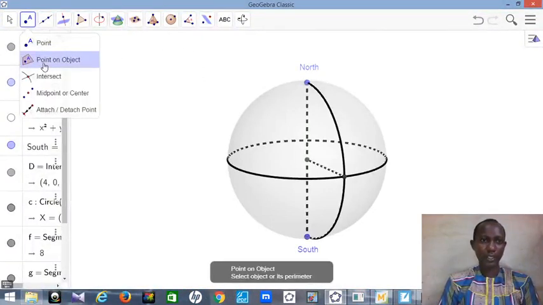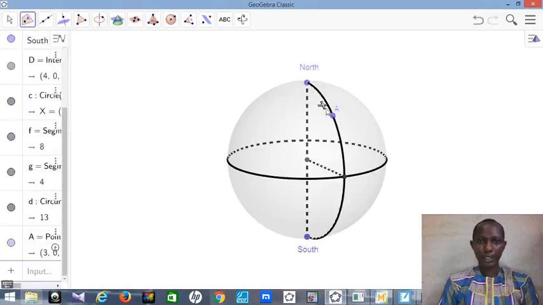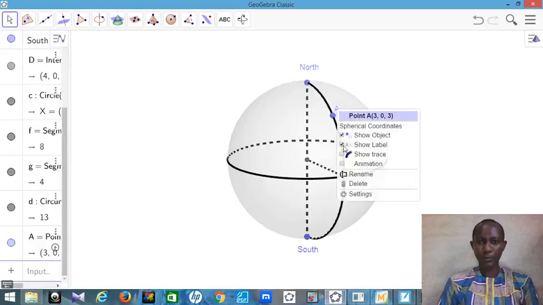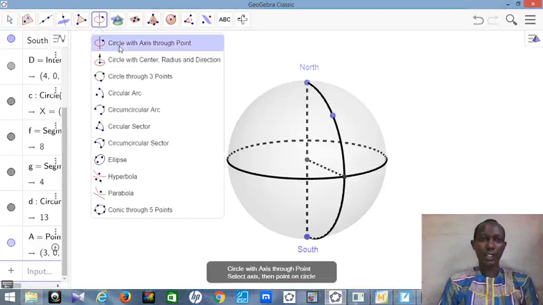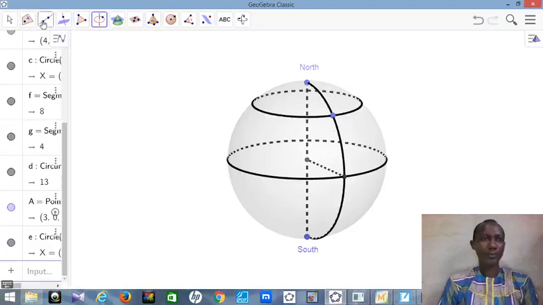Let's get a point on this place. Okay, let's get our latitude on it. So this is our latitude.